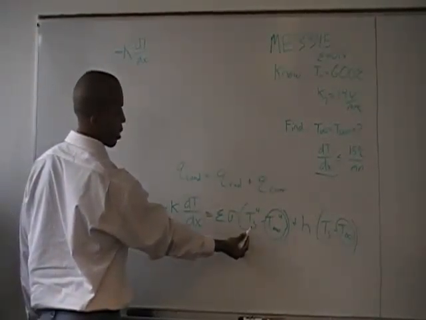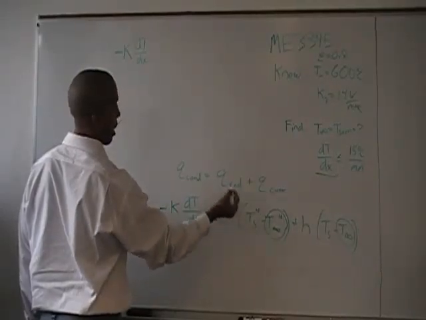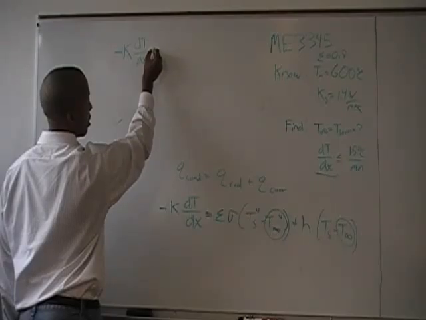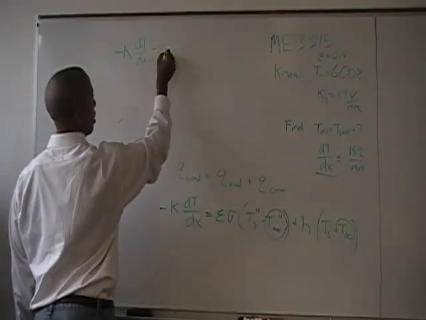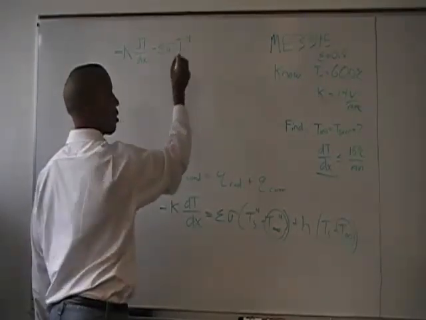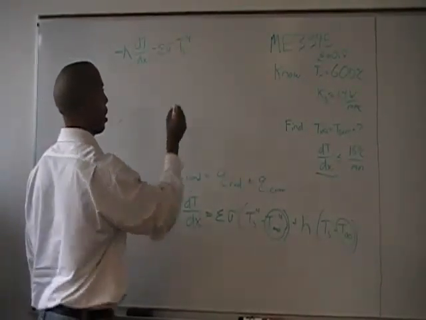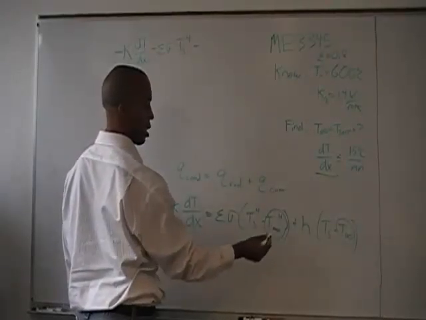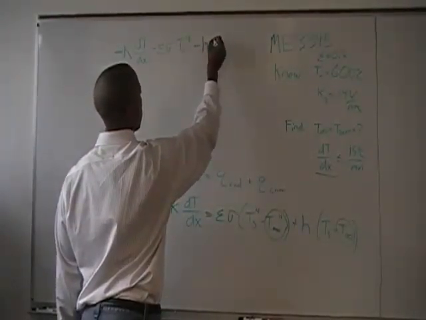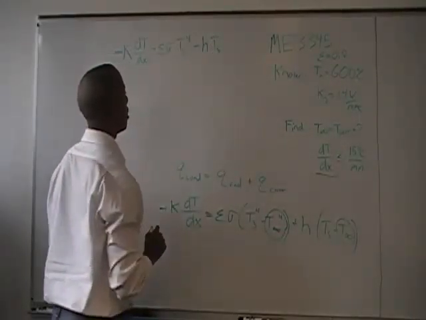Right, so we can bring over this known value. This is going to be now minus epsilon sigma times Ts to the fourth, minus, bringing over this component, h times Ts.